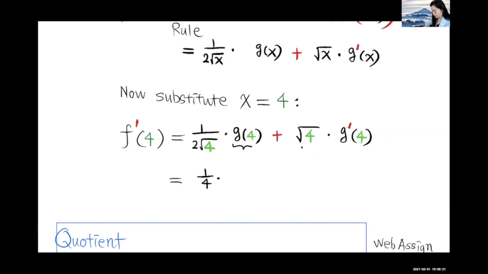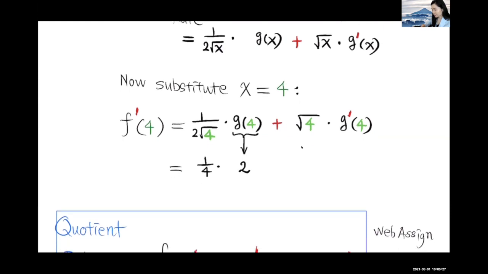And g of 4, what is g of 4? It is 2, right? It was given. Now adding over here will be 2, right? And g prime of 4 was given to be what? 3. So do the calculation.